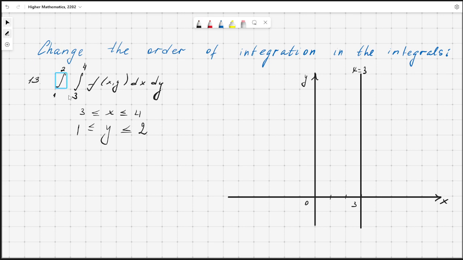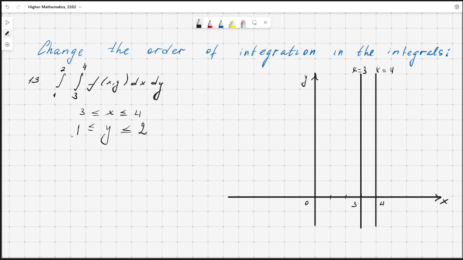Then x is 4. X is 4. Oh, sorry. This line. X is 4.